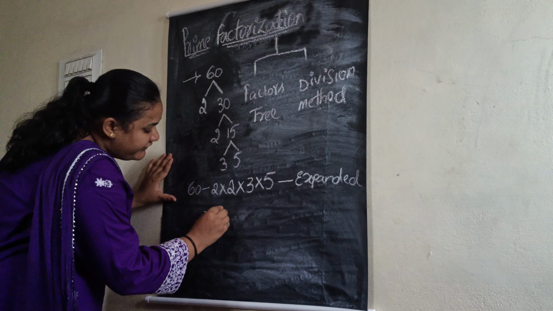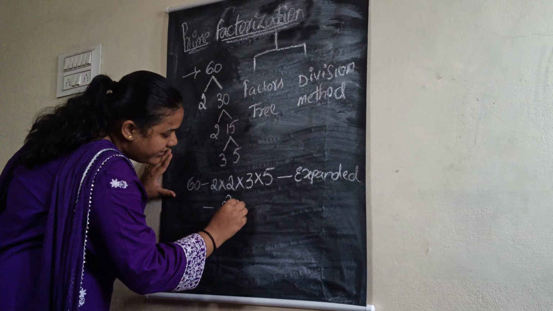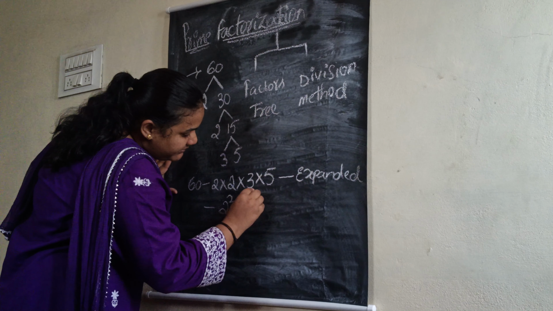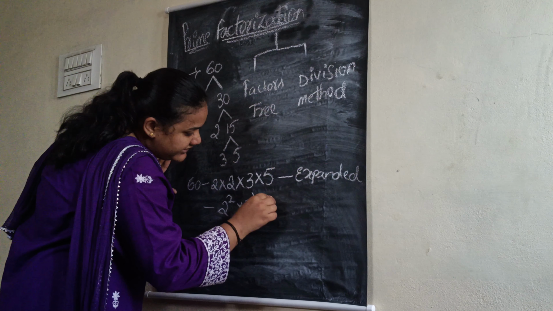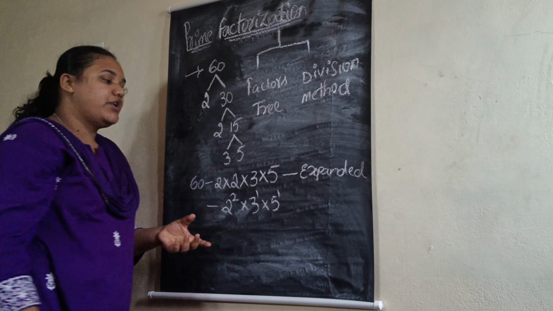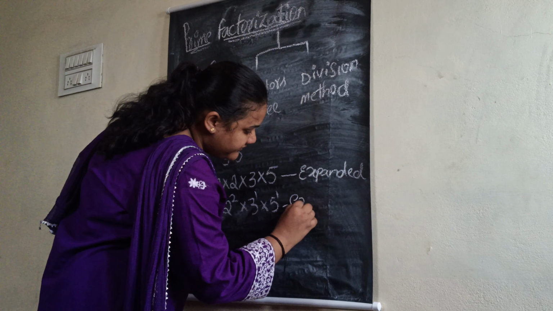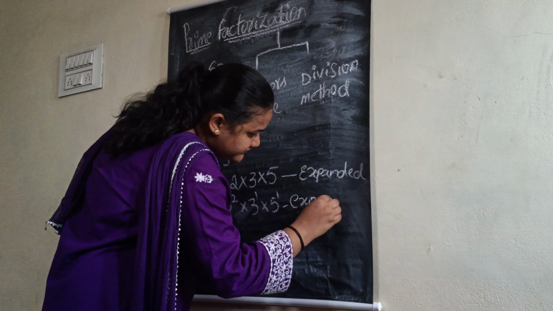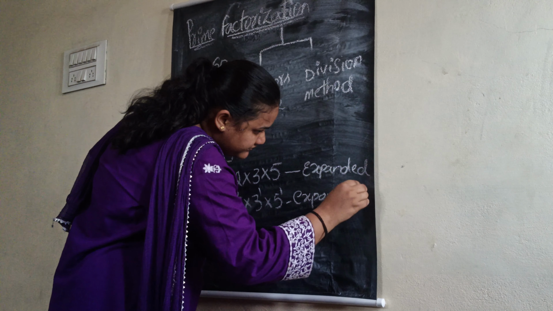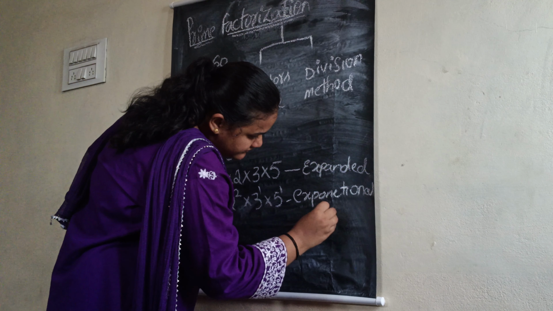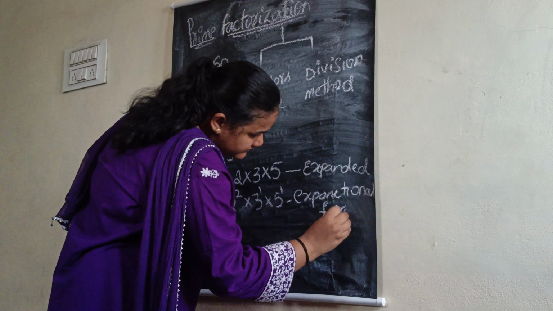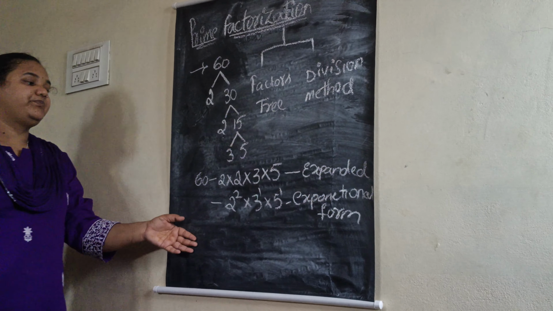In exponential form, we will write it as 2 square into 3 power 1 into 5 power 1. This is the exponential form.